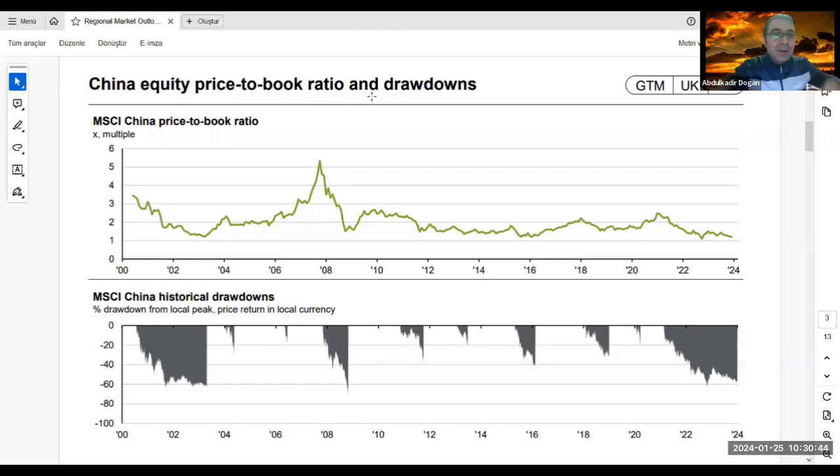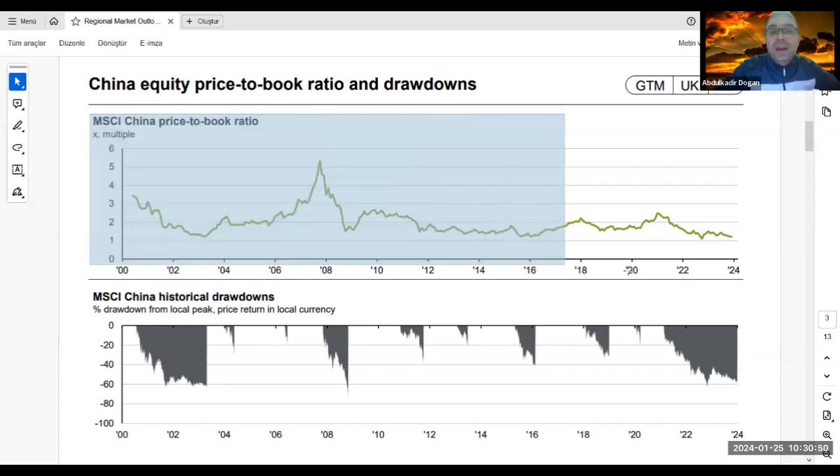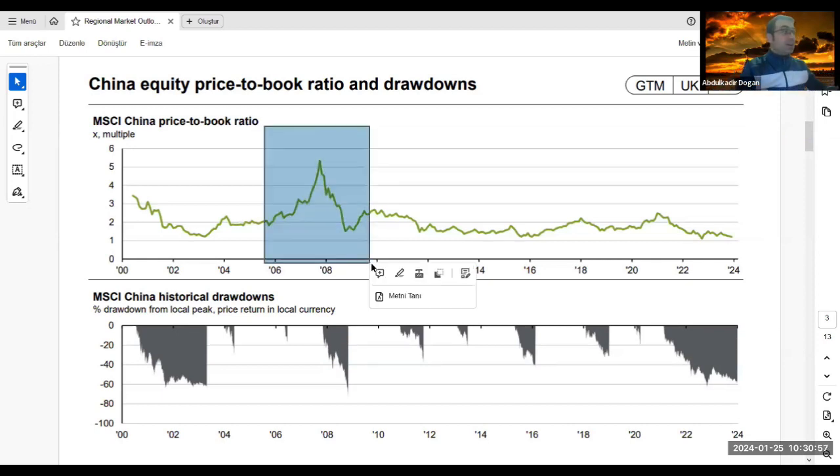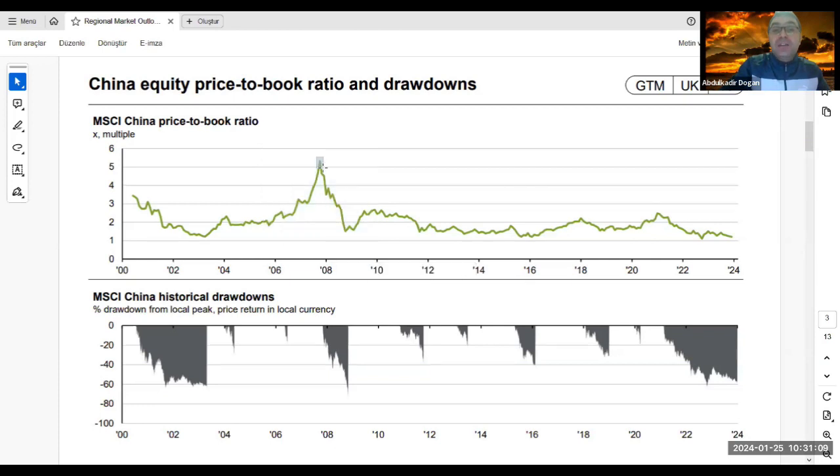Okay, so China is something from space, and this is showing the China price to book ratio in equity. As you see here on the screen, before the global financial crisis, we have the China MSCI price to book ratio higher than 5.1.